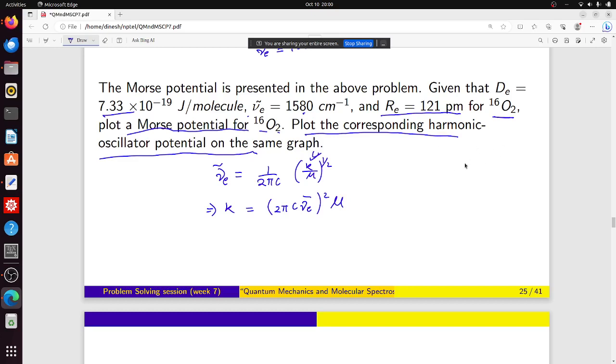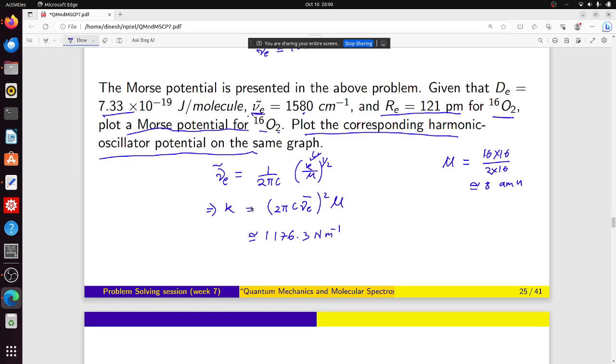As the molecule is oxygen, the reduced mass will be 16 times 16 over 16 plus 16, so it's 8 atomic mass units. Now if you put all the values, you will get this k value to be nearly 1176.3 Newton per meter.